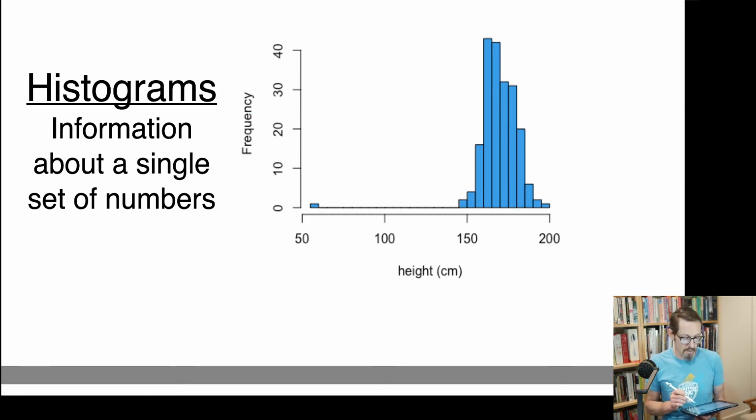So what this says is that people near 200 centimeters tall, we have about 5 of them in this data set. Well, no, not even, like 2 maybe 1. It's hard to see at that low a number, but the height of this bar says how many people have that height.